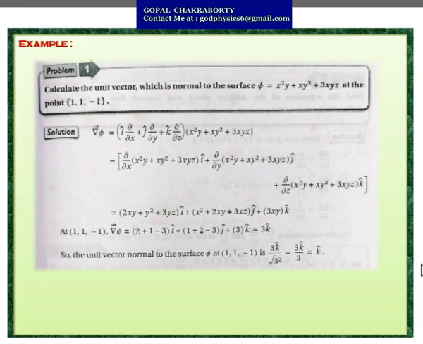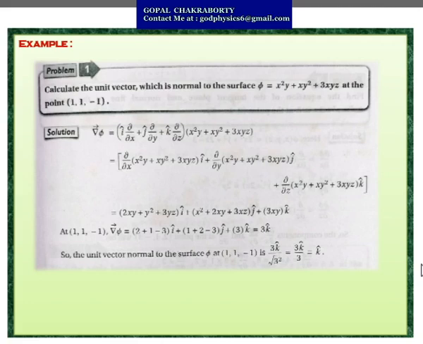Now we substitute the point that is given, 1, 1 and minus 1. So x equals 1, y equals 1 and z equals minus 1. If you substitute these three values, grad phi is only 3k cap. So this is the vector which is perpendicular to the given surface.